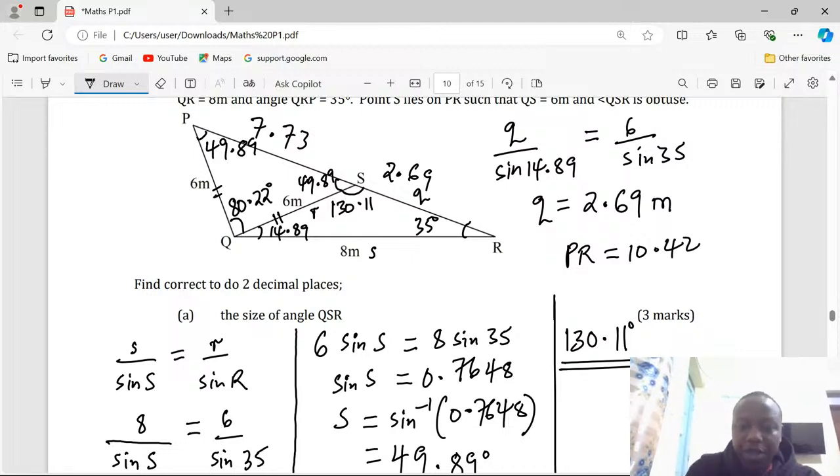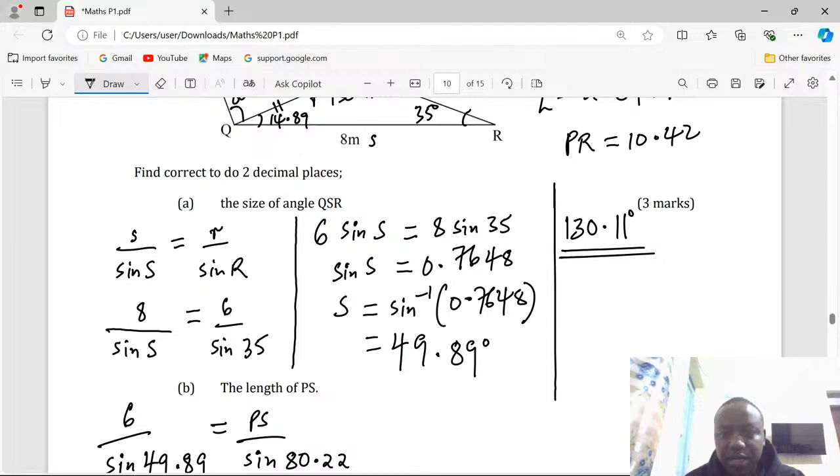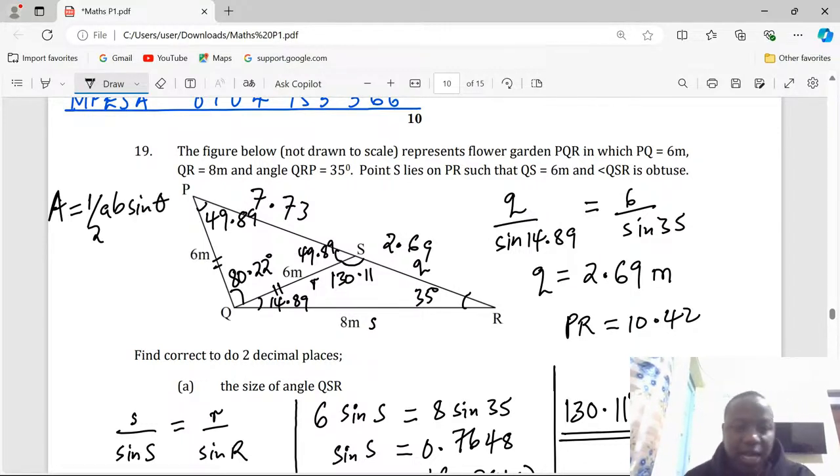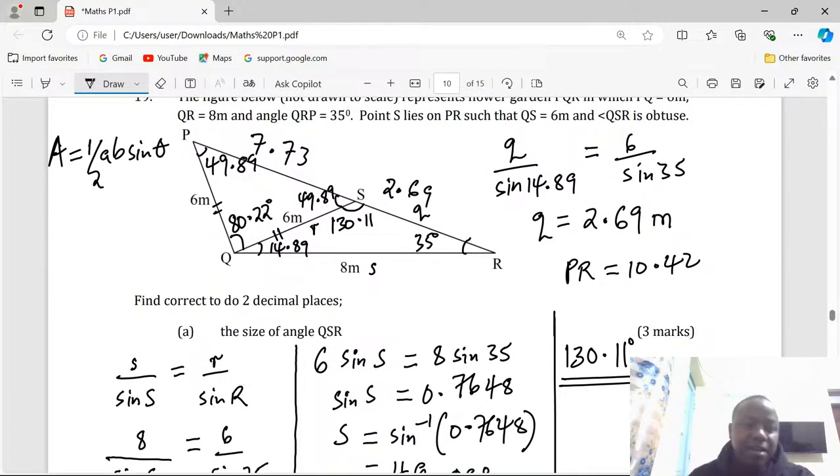Now with the length PR and also QR, we have the angle in between those two lengths. We can use area of a triangle is given by half AB sine theta, whereby A and B are two lengths, then theta is the angle between them.